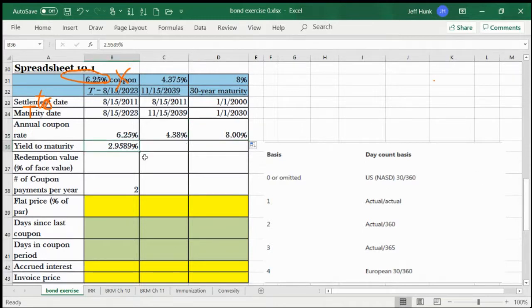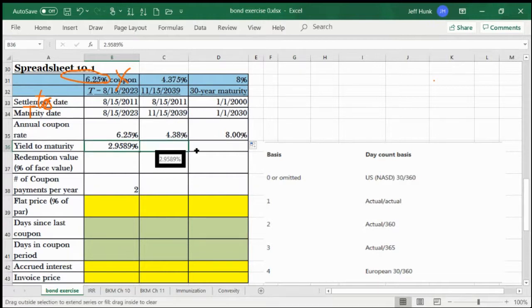Now, yield to maturity was originally given. You just don't see it in the table, but if you go to the slide, it's given as decimals, 0.02598. Instead of using decimals, I turned them all into percentages.